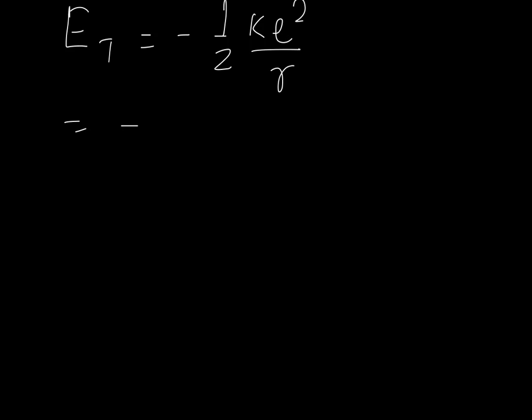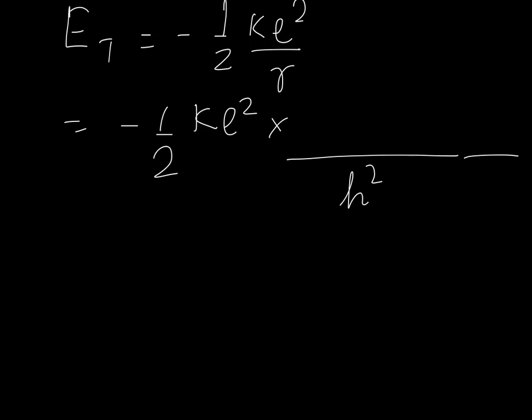So you will get half ke squared, and if I sub in the value for r, you will have h squared n squared over 4 pi squared ke squared m.